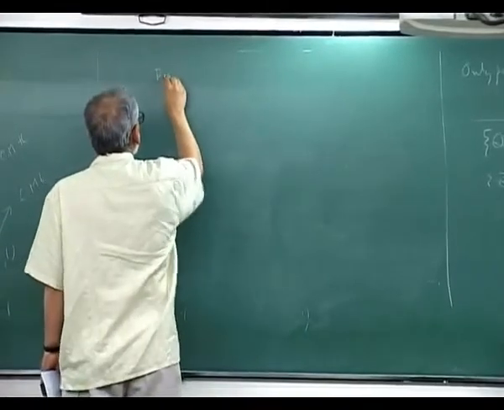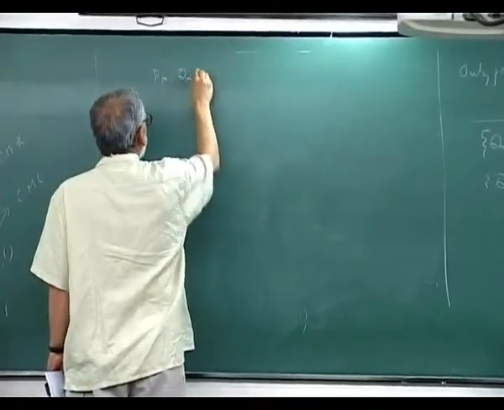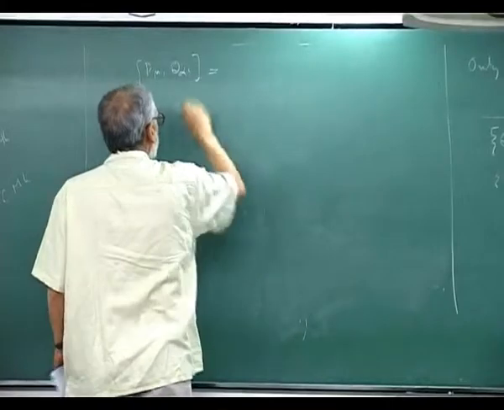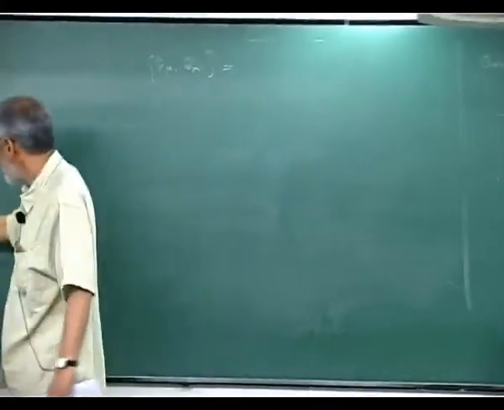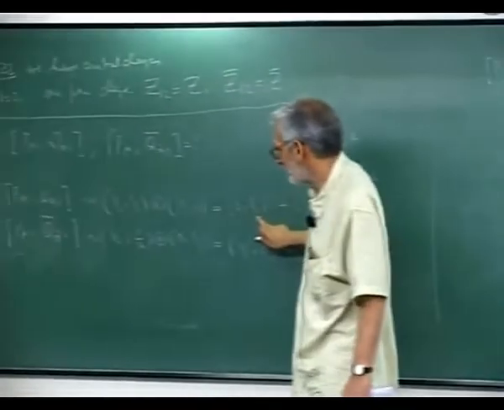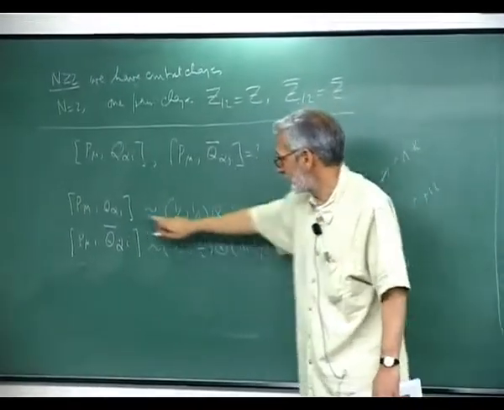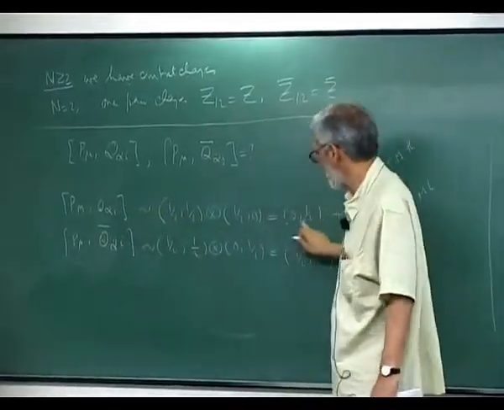so P mu Q alpha I commutator has to be proportional to, this is right-handed. See, this was left-handed, this is right-handed.